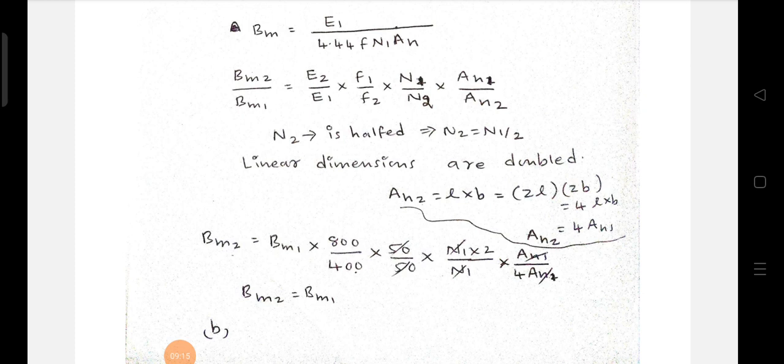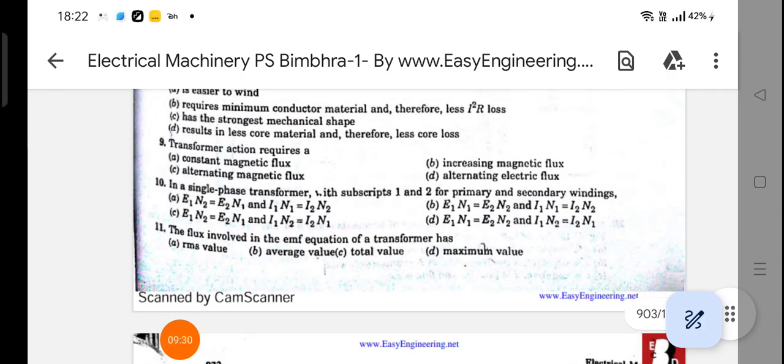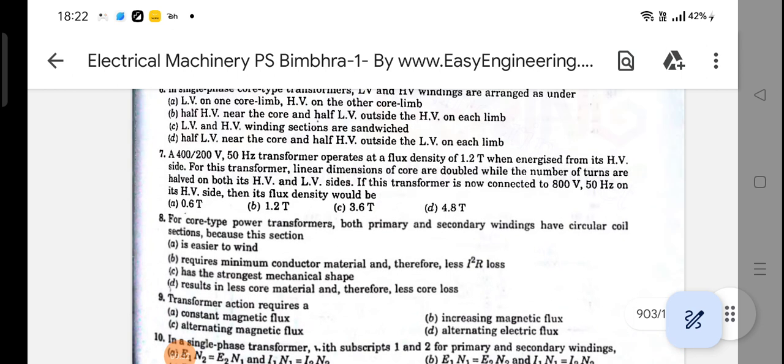Right? That means 1600 and 1600 will be cancelled, that is Bm2 = Bm1. That means the maximum flux density of the second transformer is also the same value. In the first case 1.2 is given, right? That means this answer is also 1.2 Tesla only. Seventh question answer is B, correct.